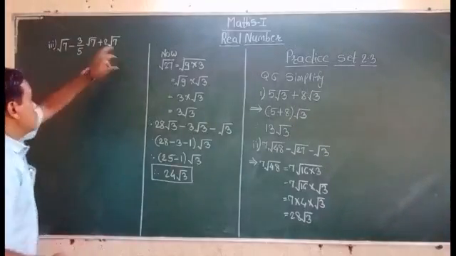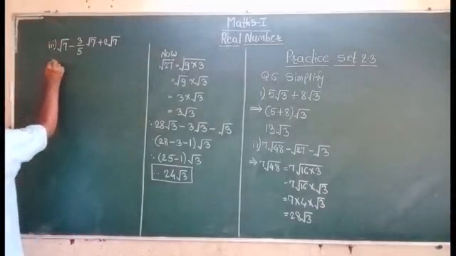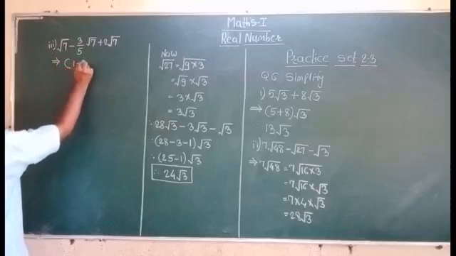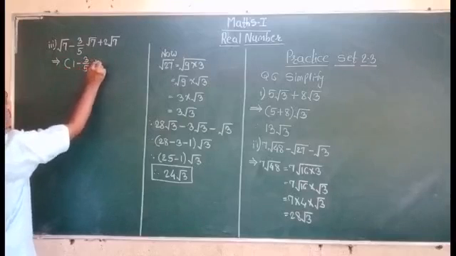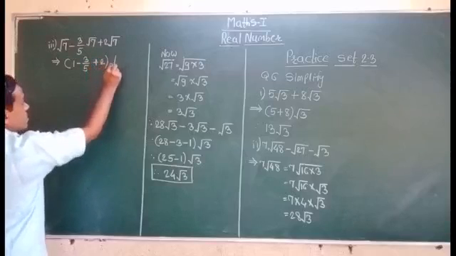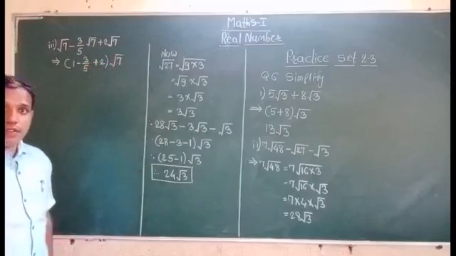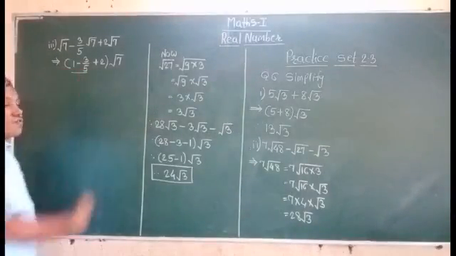So we directly write in a bracket 1 minus 3 by 5 plus 2, bracket complete, surds 7. So we will solve that subtraction first.